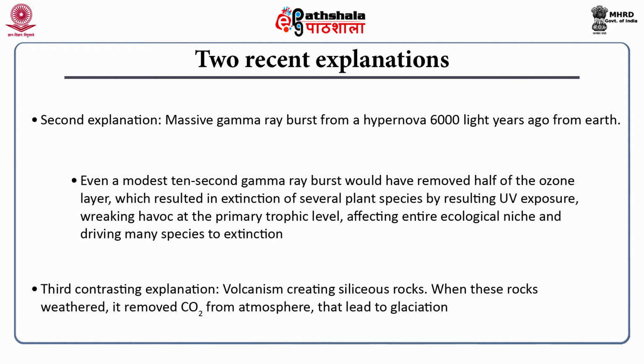The particularity of siliceous rock is that when it weathers, it absorbs the CO2, because silica combines with carbon to form silicate rock. So, it sequesters, it removes the carbon dioxide from the atmosphere. As CO2 is a greenhouse gas, more and more CO2 being removed from the atmosphere will result in global cooling and ultimately a glaciation. So, probably that might have caused the initial glaciation event.